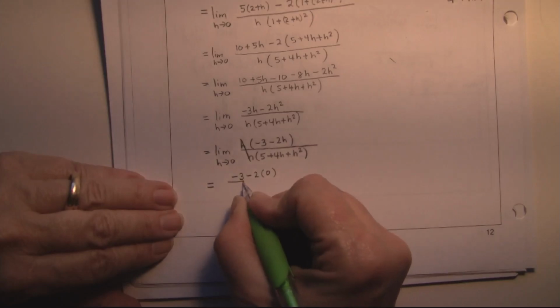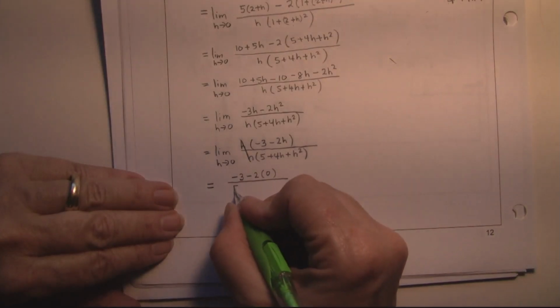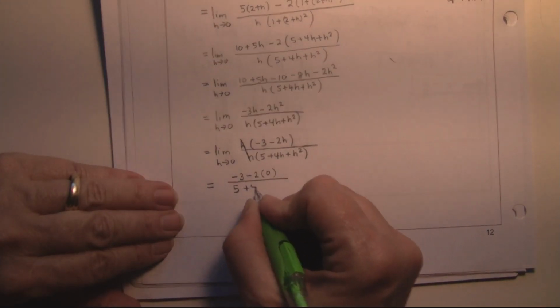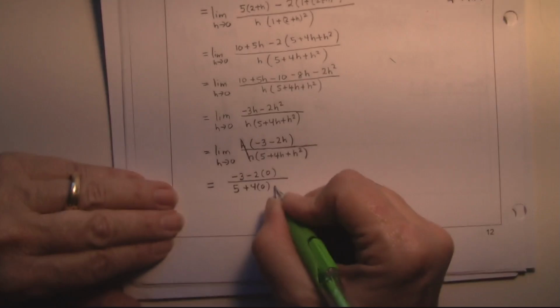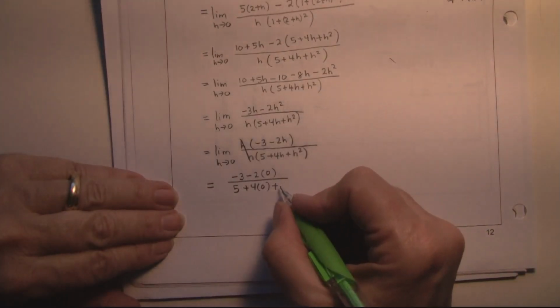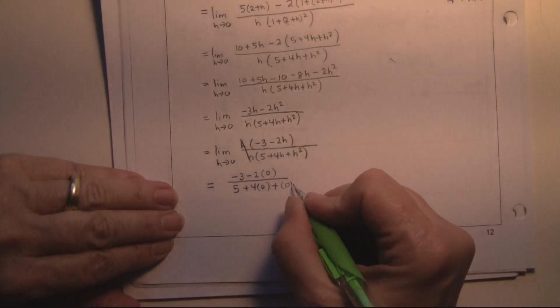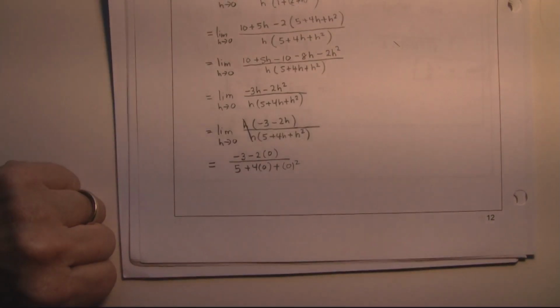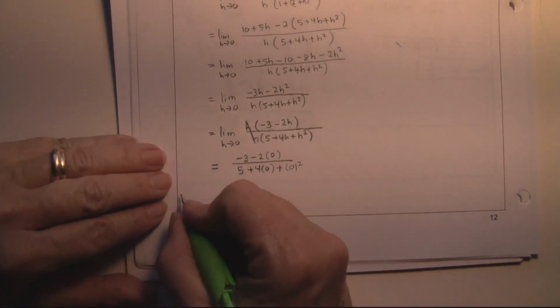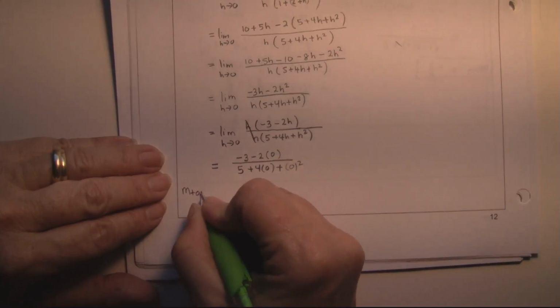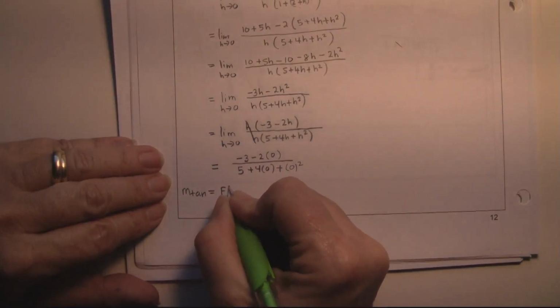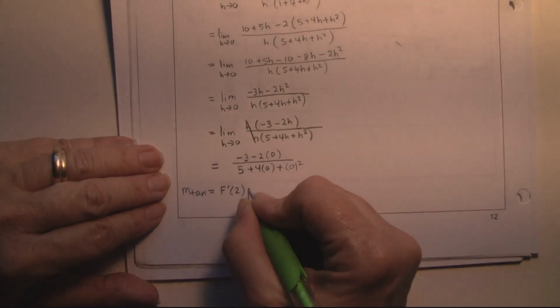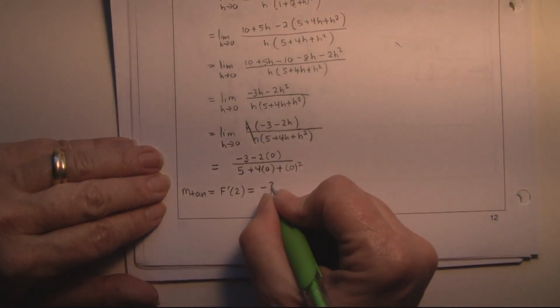I want everyone to know that I'm plugging in 0, and I'm finding the limit by using direct substitution. So in the numerator I get negative 3, and in the denominator I get 5. So the slope of the tangent line, which is equal to f prime at 2, is negative 3/5.